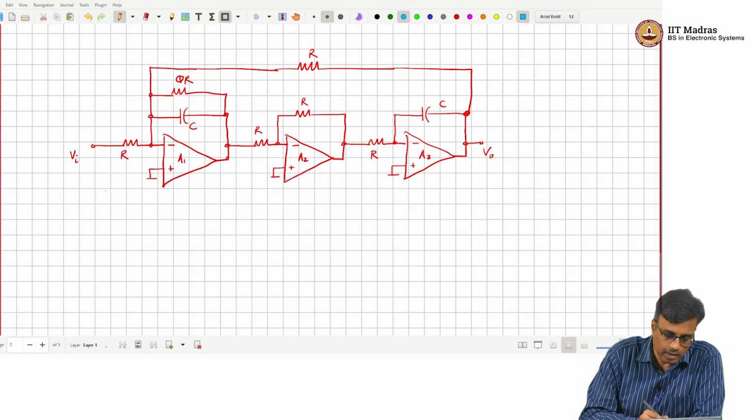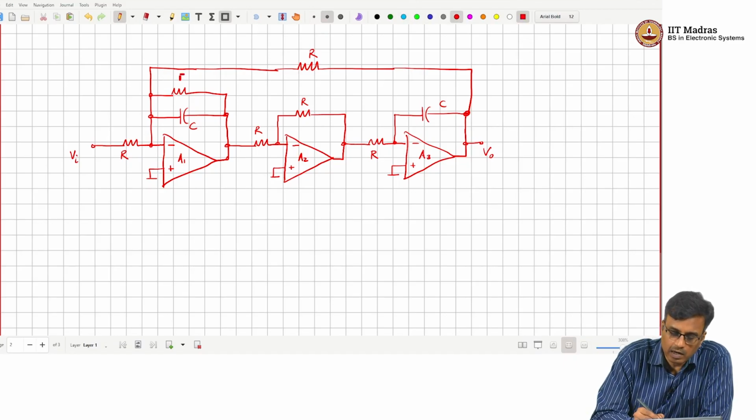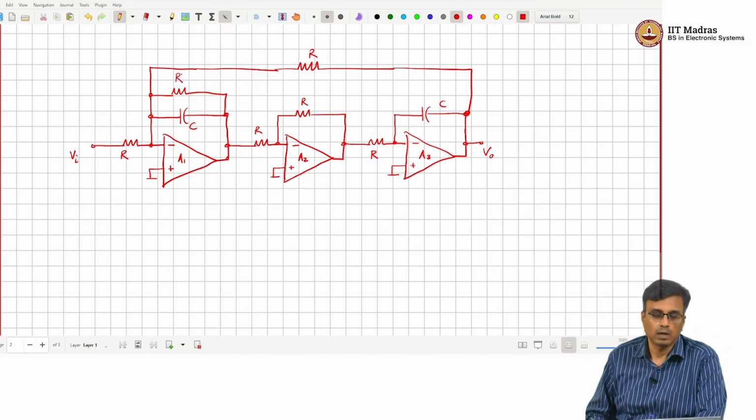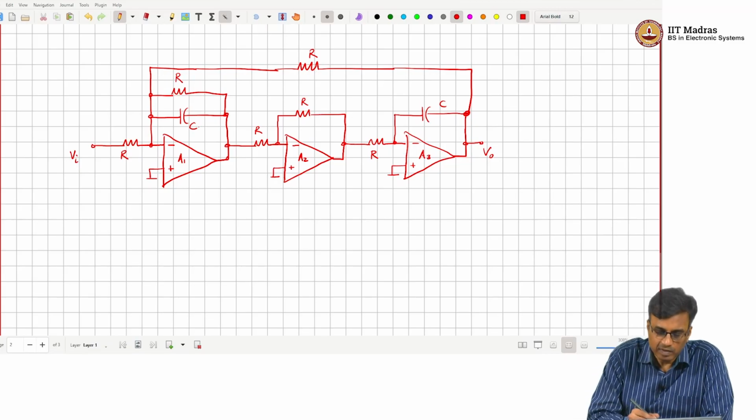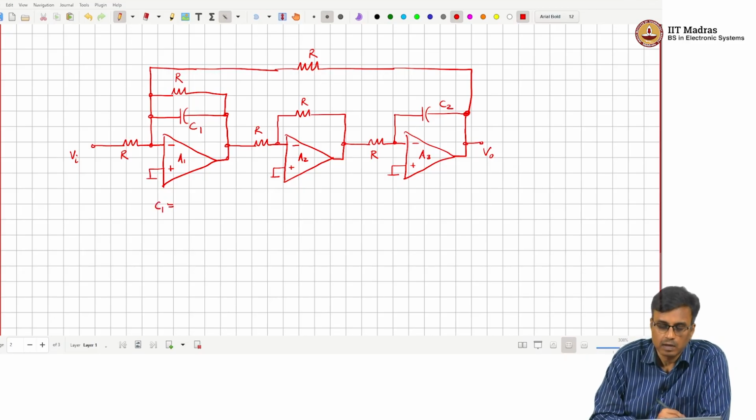So, if I look at, remember the first time we had drawn the circuit, what is this? This was R. Okay, and what was this? This was C1 and this was C2, and what was C1? L by R square.